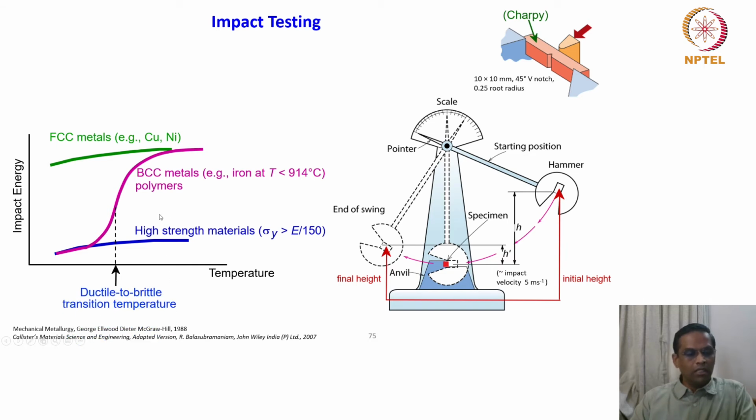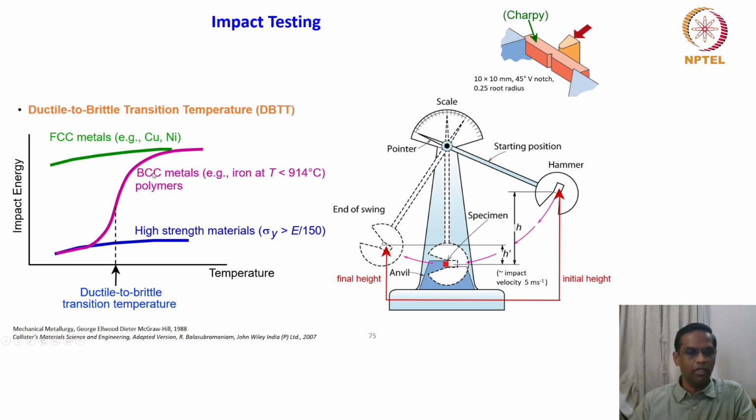And what is interesting to note here is that materials like BCC metals and polymers show something called a ductile to brittle transition temperature. So this is very important. It's a characteristic of these materials, and then we will see how we are going to understand this, right?